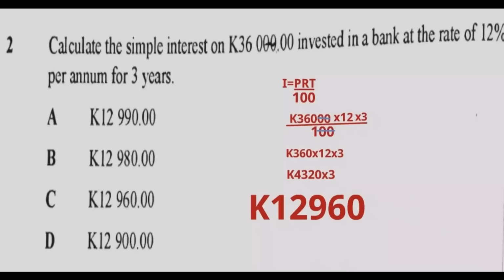So the interest that was made in 3 years was 12,960 kwacha, and the correct answer is C.